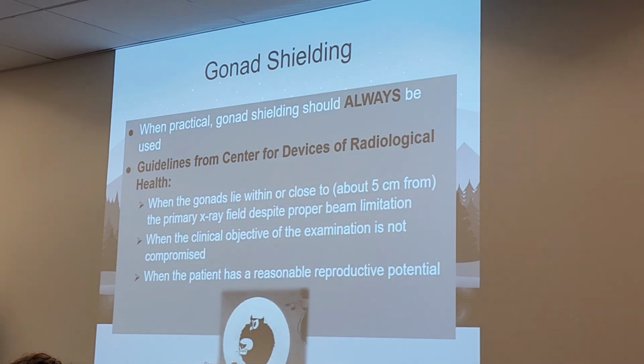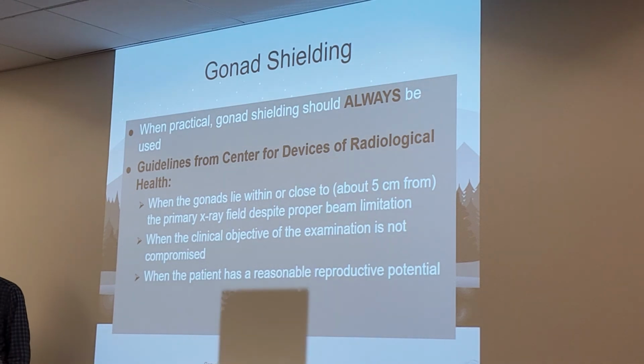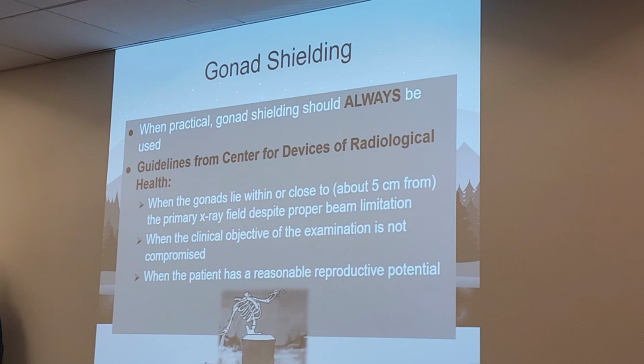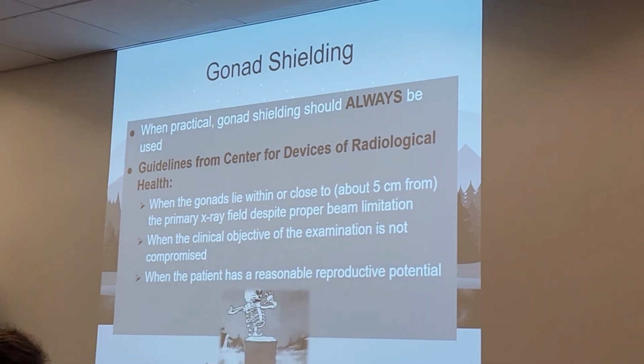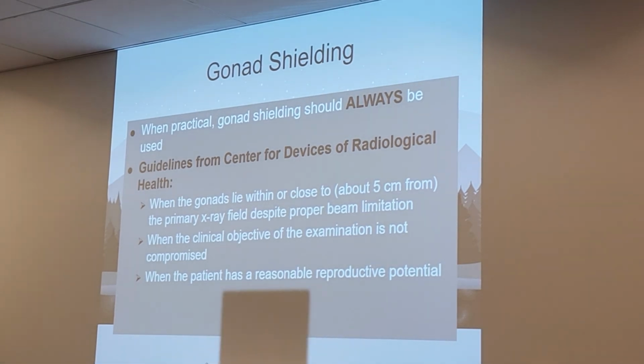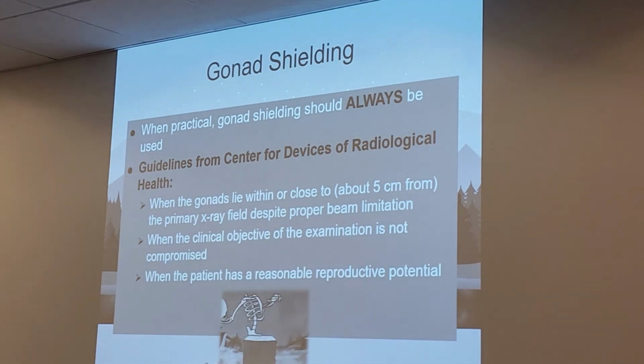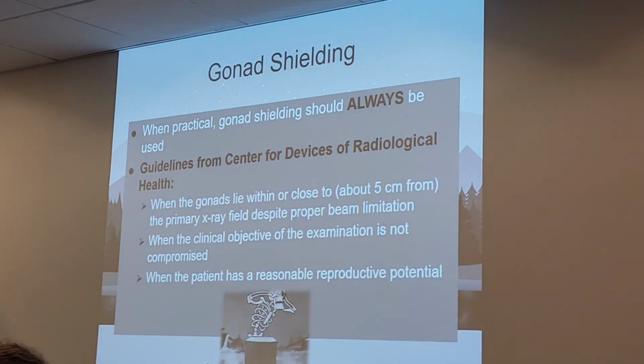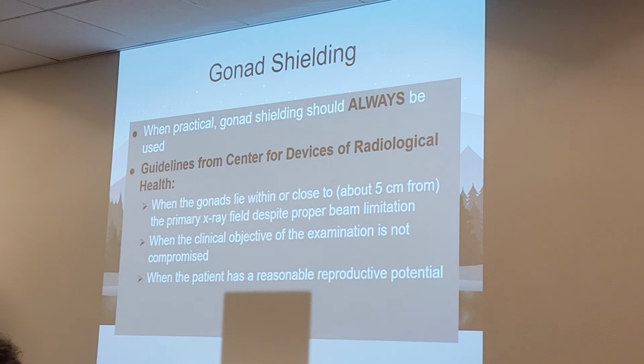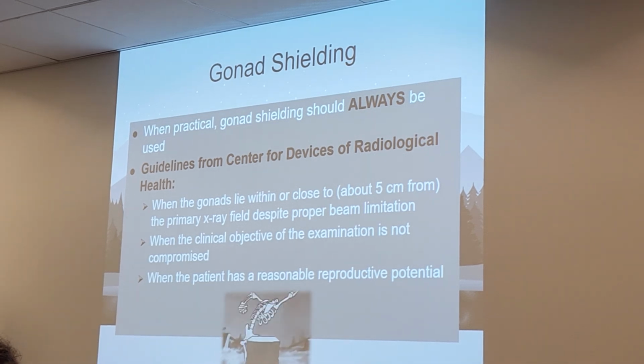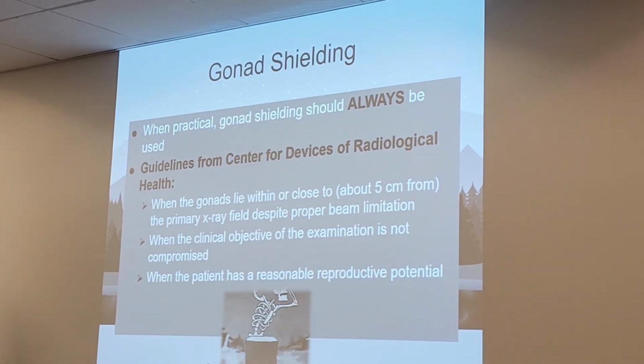Yes. When it says reasonable reproductive potential, does that mean like your elders, you wouldn't shield? Right, so it would be less important to shield patients who are older. So if the patient is past menopause perhaps, then it is less urgent to shield that patient.